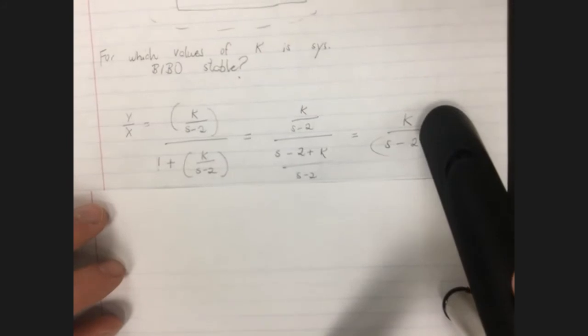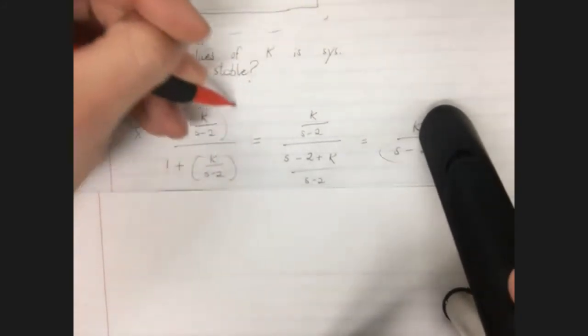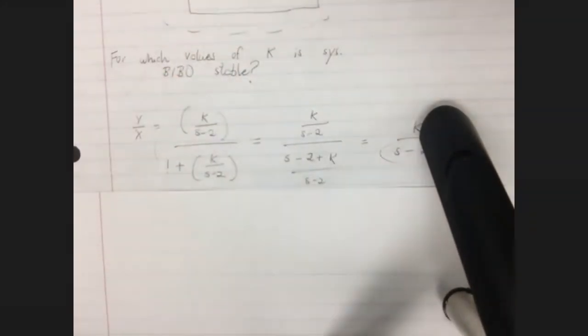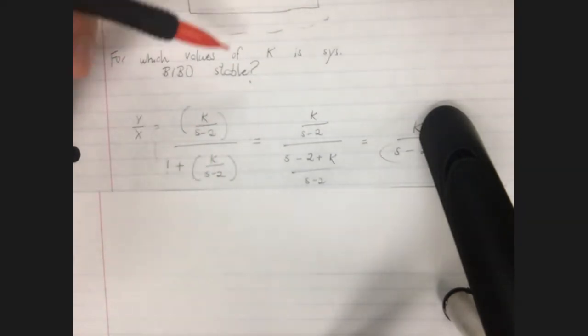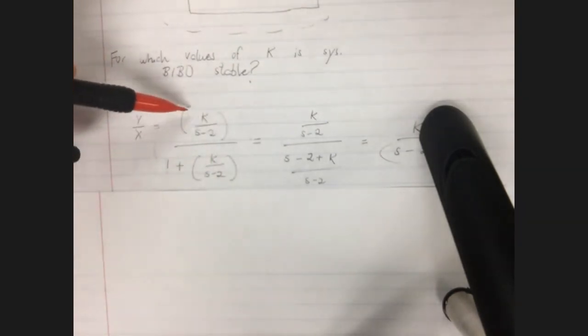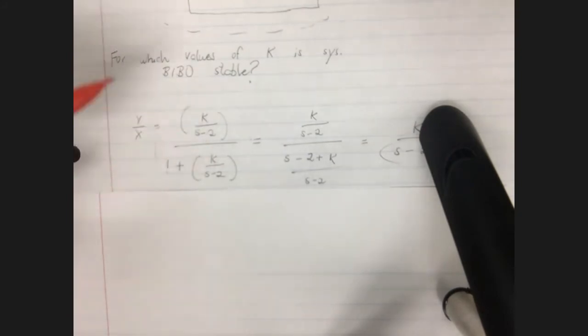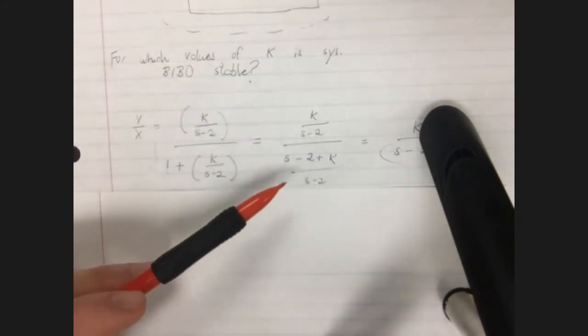That's important. I hope y'all see where this is coming from. This is just applying something we already knew, with our direct transfer function being this, and our feedback transfer function being just a 1 right here. So you have K over S minus 2, over 1 plus K over S minus 2. Now we can do a little bit of algebra.